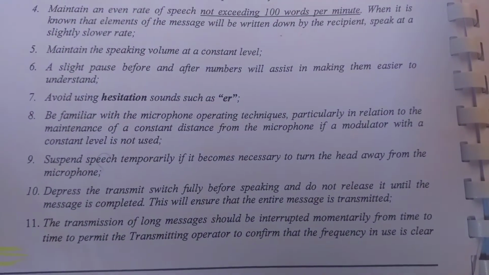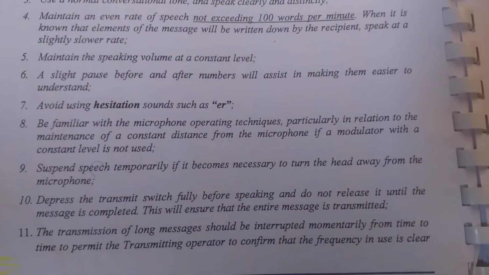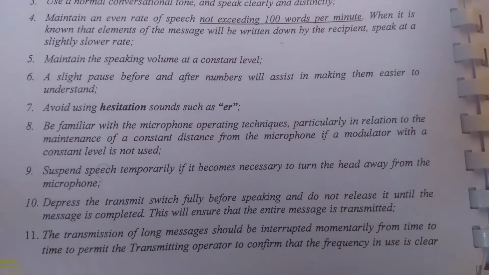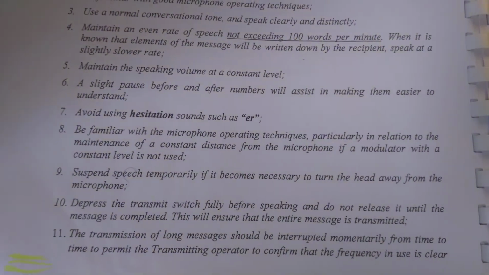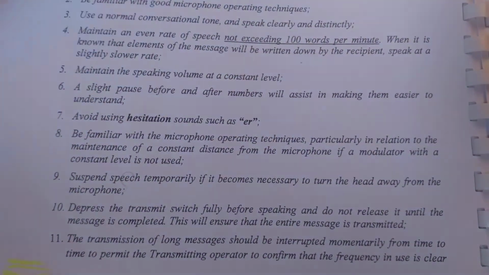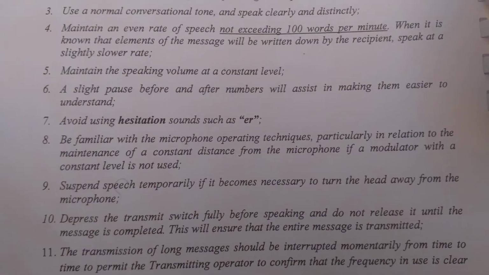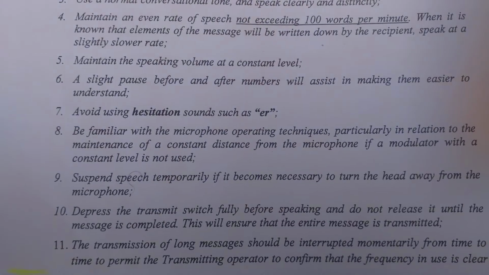The ninth, suspend speech temporarily if it becomes necessary to turn the head away from the microphone. So let's say you have an airplane about to land and you have to transmit to an airplane and you have to look at the airplane which is landing.